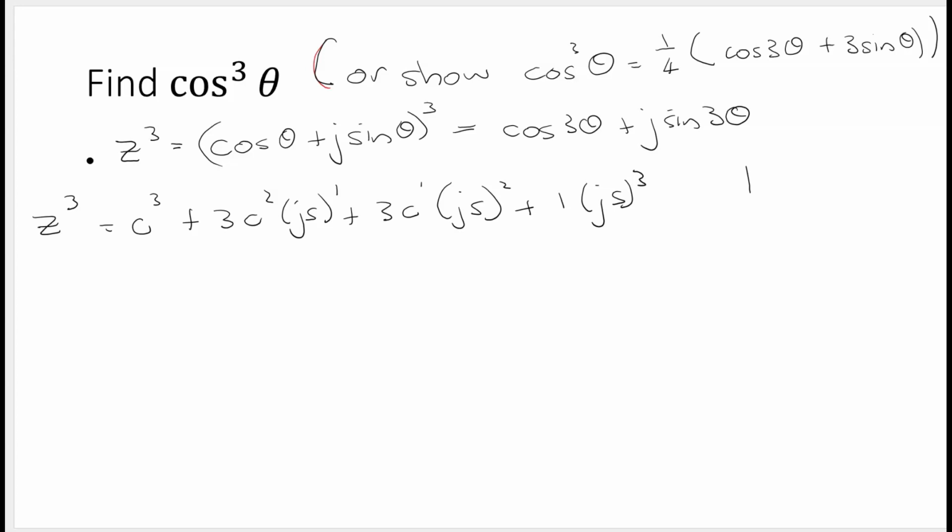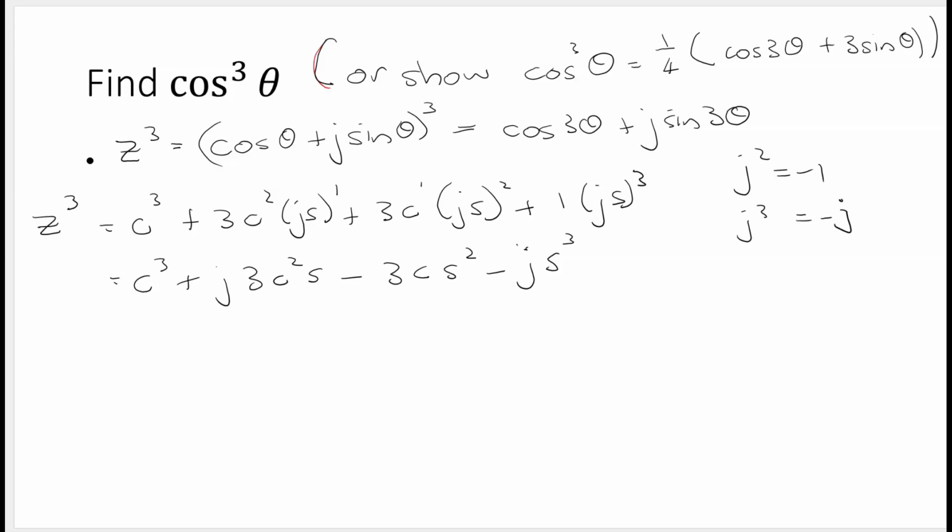And remember, j squared equals -1 and j cubed equals -j. Okay, bearing that in mind, we can write that as c cubed plus, I'm going to put the j out the front, j squared is -1, so that would be minus 3cs squared. j cubed is minus js cubed.